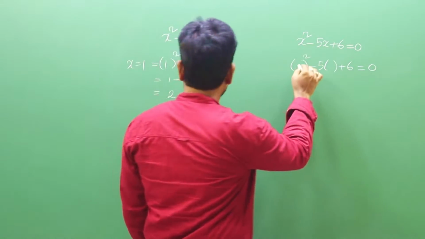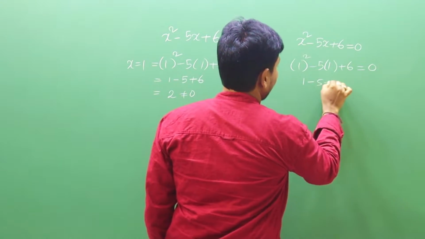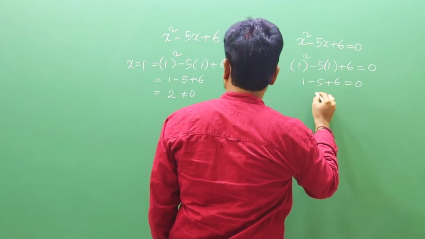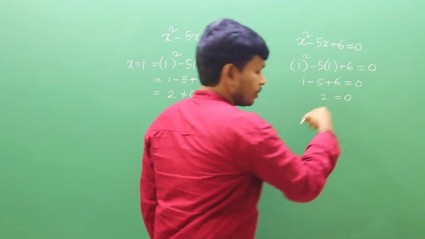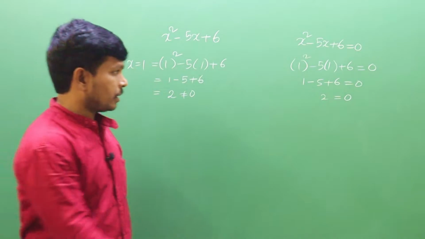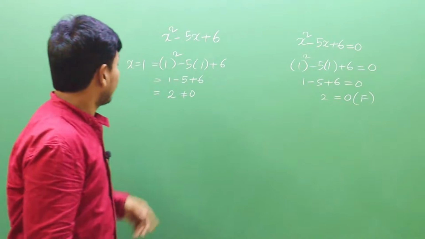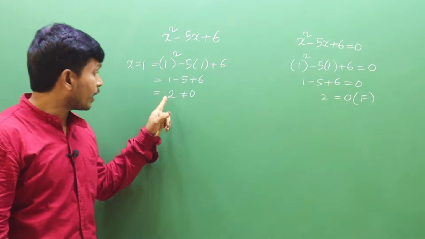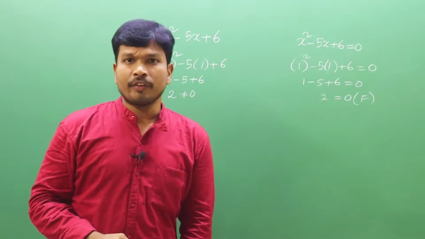And substituting here also, 1 minus 5 plus 6 equal to 0 gives 2 equal to 0. Is it true or false? Definitely it is false. Here we didn't get 0, we got 2.